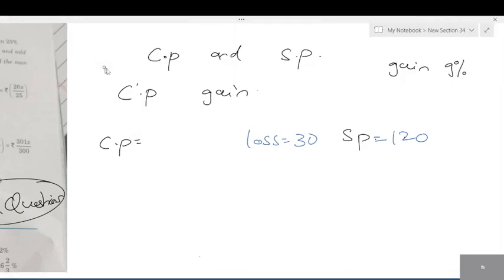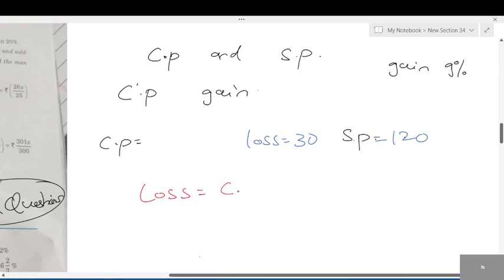See, what are the two things given in this question? Selling price and loss. I need you all to find cost price. So what's the formula we use? Yes, loss is equal to cost price minus selling price. Loss is 30 and cost price we don't know, let me keep it as it is. Minus, what is selling price? 120.